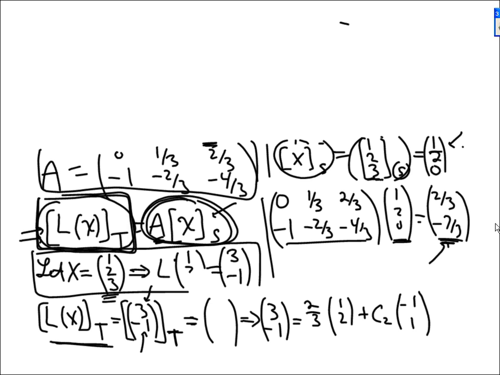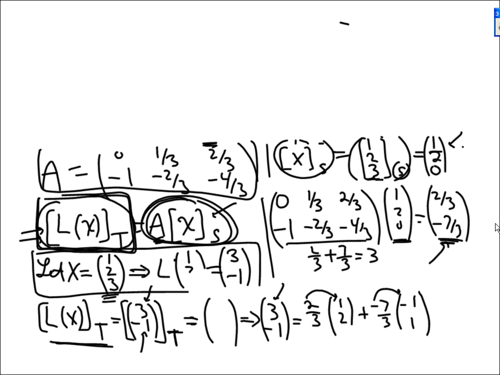2/3 and negative 7/3. Well, 2/3 times 1 is 2/3 plus negative 7/3 times a negative 1 is plus 7/3. This is 9/3 or 3. Got it.